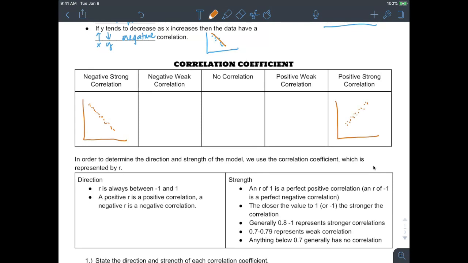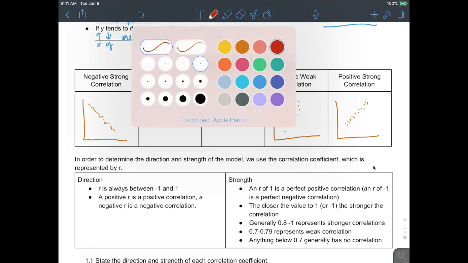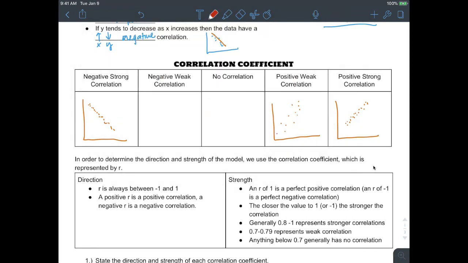Okay, it's really easy to tell that this is a line. A positive weak correlation would be something more spread out. You could tell that this line is going in the upward direction, but the points are further away from the line, okay?